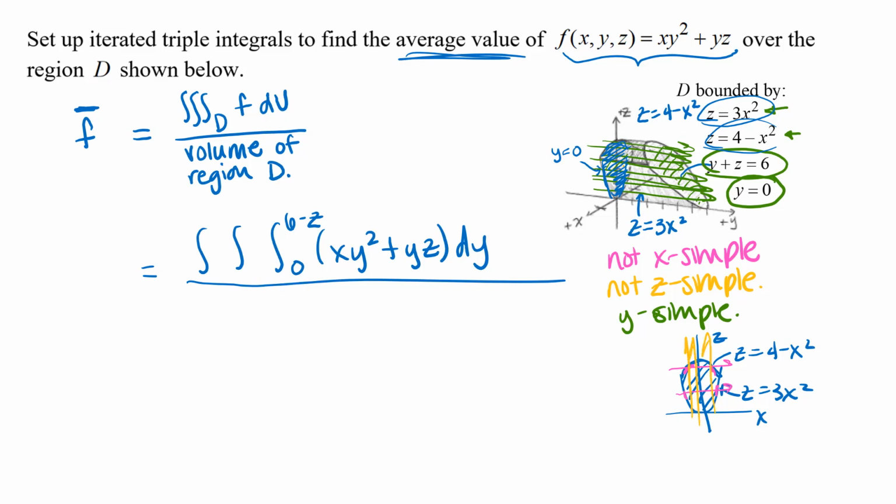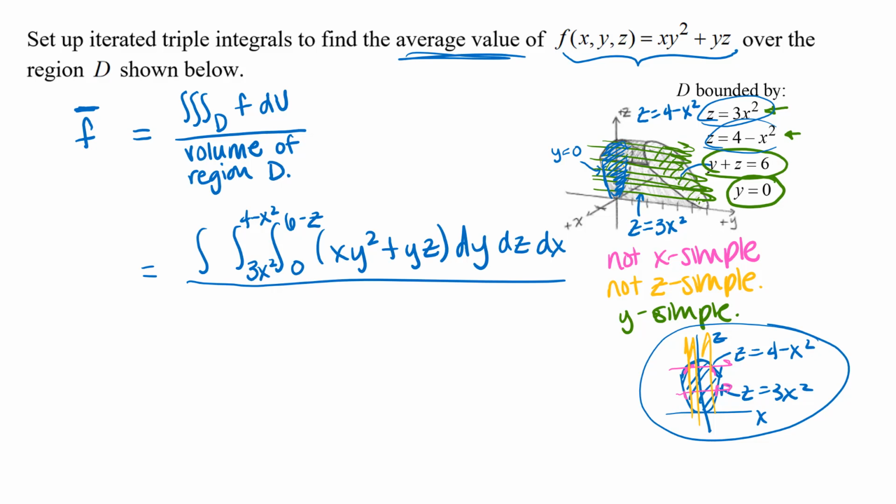So I'm going to go ahead and set z up next. So I'm looking at my two-dimensional picture here to set up these next two layers of integration. So I'm going to enter through z equals 3x squared, and then I'm going to leave through z equals 4 minus x squared.